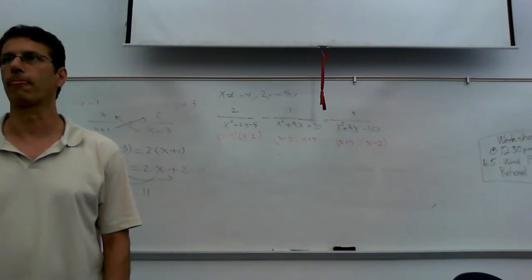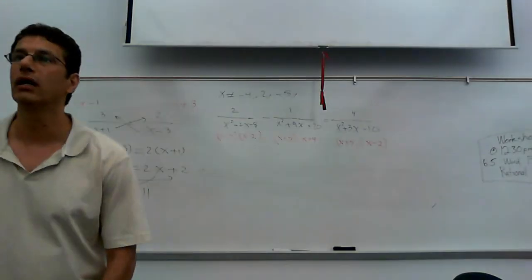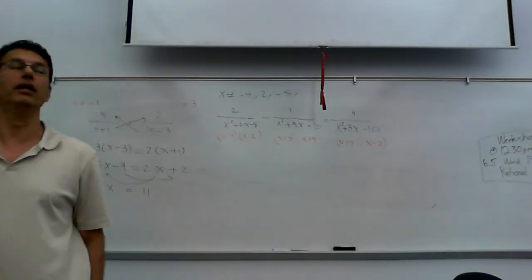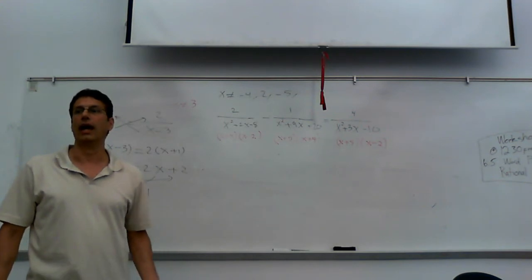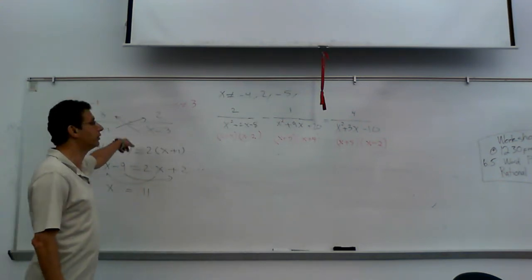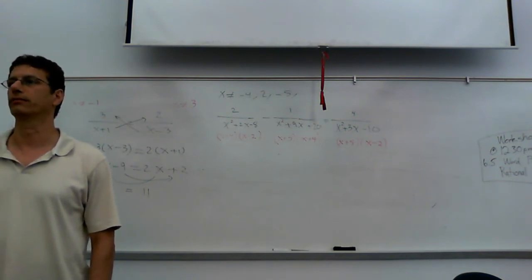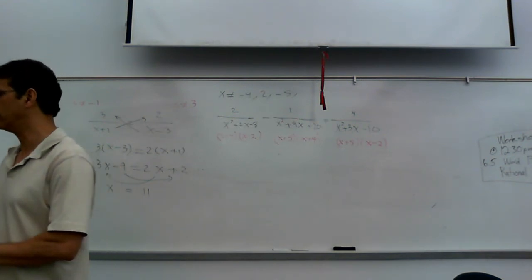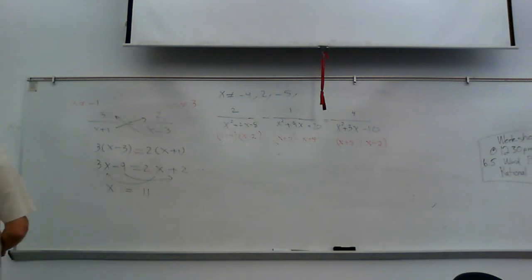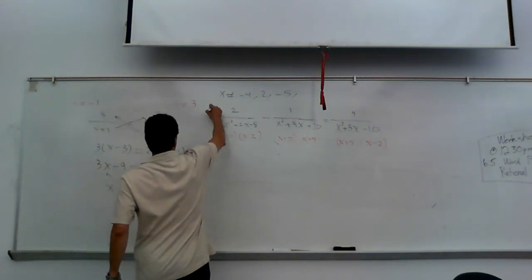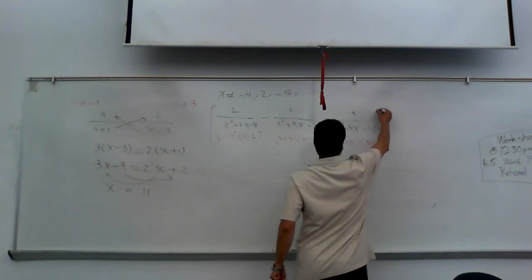Does that work? In order to solve this, there are two ways. One is to simplify the first and then set it equal to the right and do the cross product like this. Or the easy way out. Clear out the denominators. So let us multiply both sides by what?